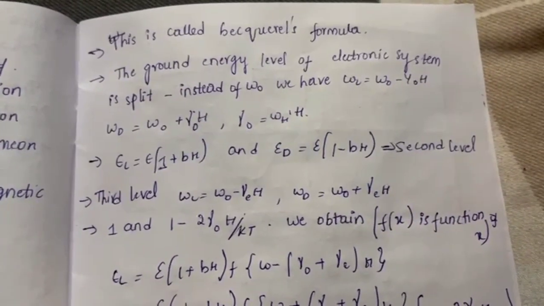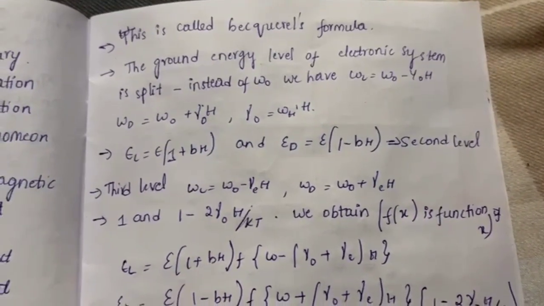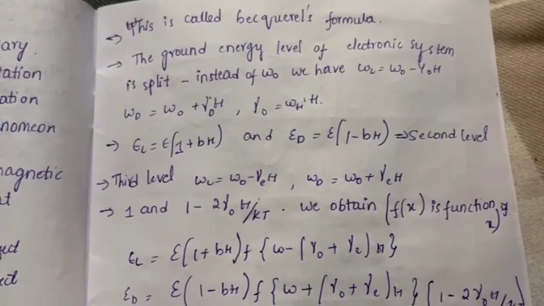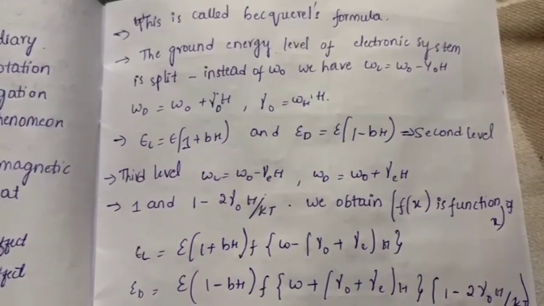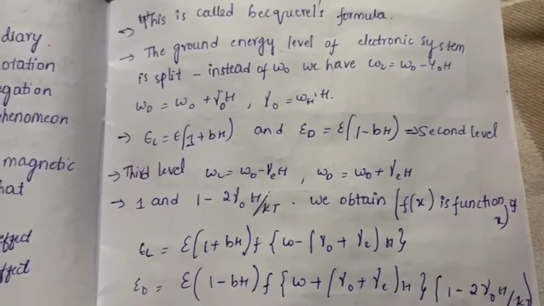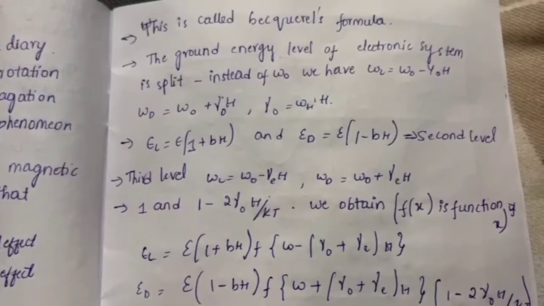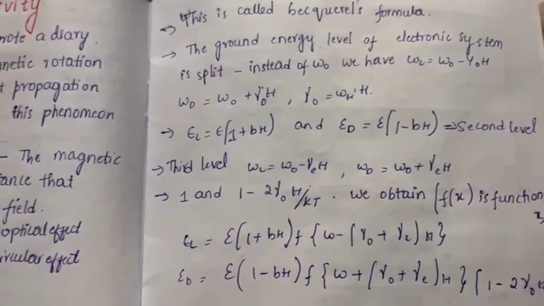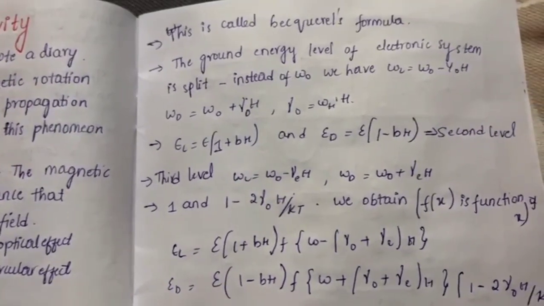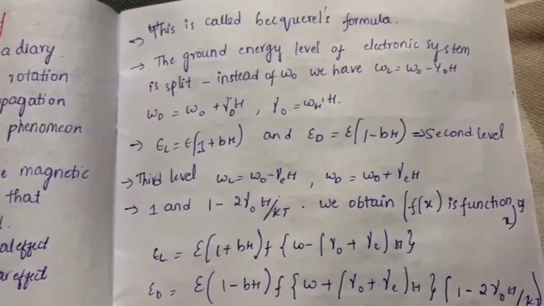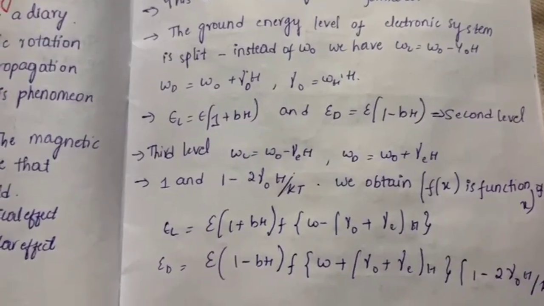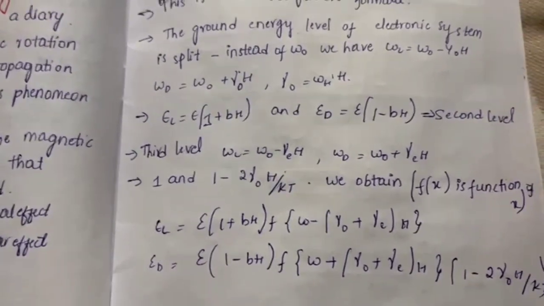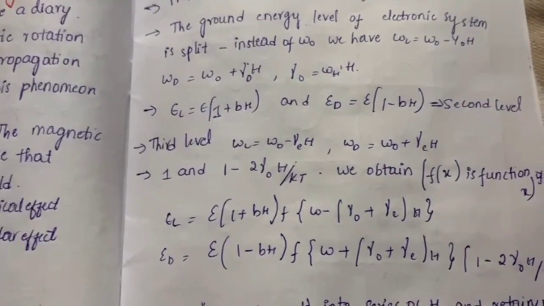The ground energy level of the electronic system is split. That is, instead of angular frequency naught, we have W L is equal to W naught minus lambda H. This is for the first level, and in the second level E L is equal to E 1 plus HB, and E D is equal to E 1 minus HB.